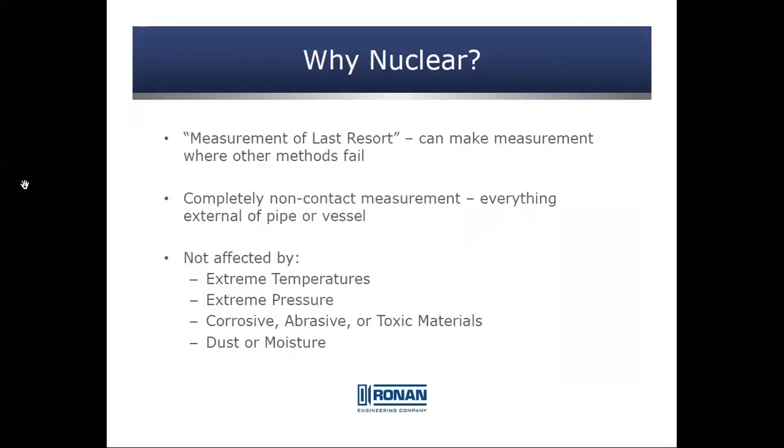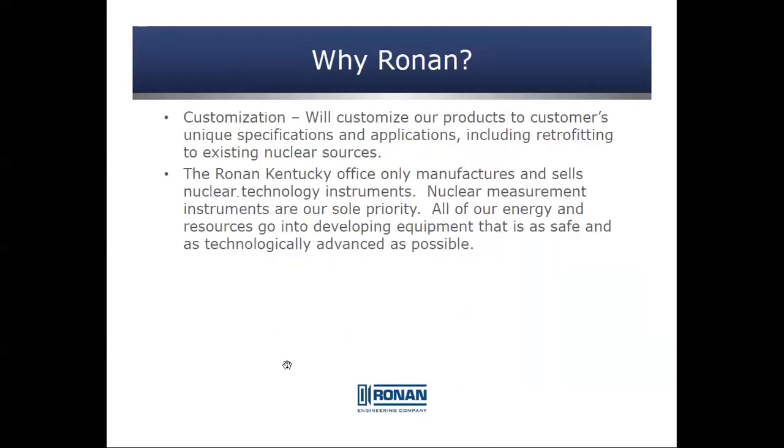So overall, why nuclear equipment? It's a measurement of last resort when nothing else is going to work. It's completely non-contact, and it's not affected by temperature, pressure, corrosion, abrasion, dust, or moisture. So why specifically Ronan? Because we can customize the product to the customer's specification and application.